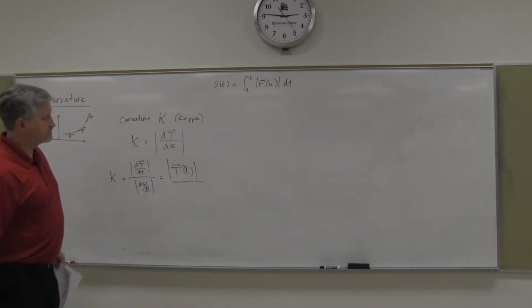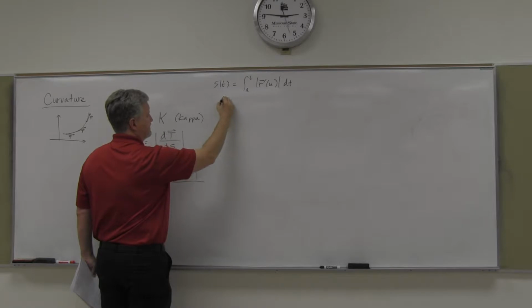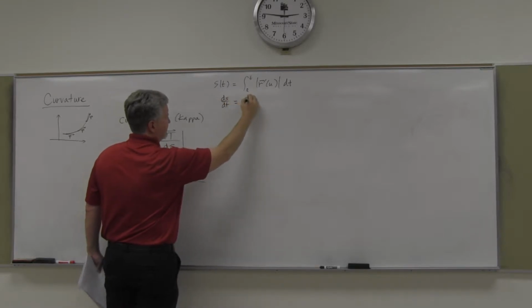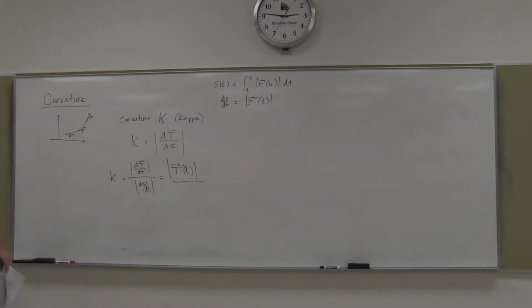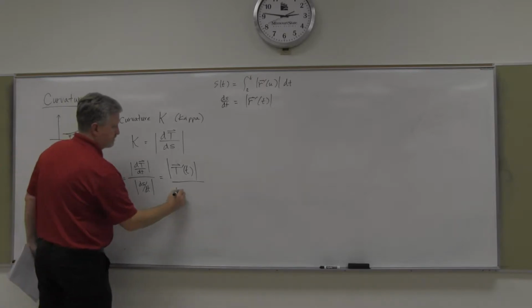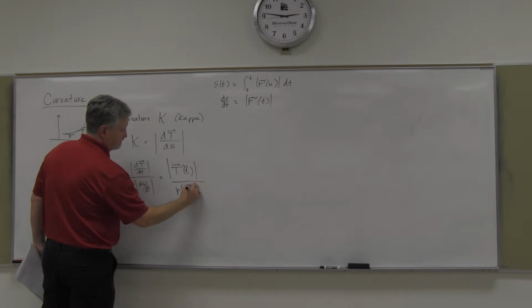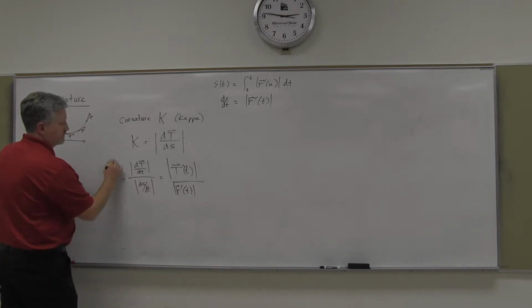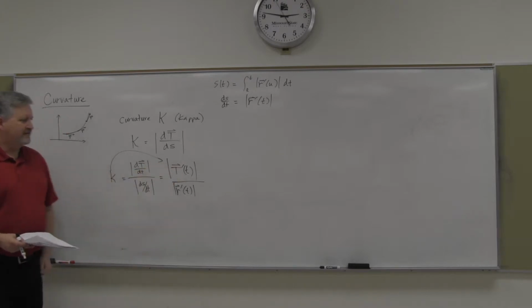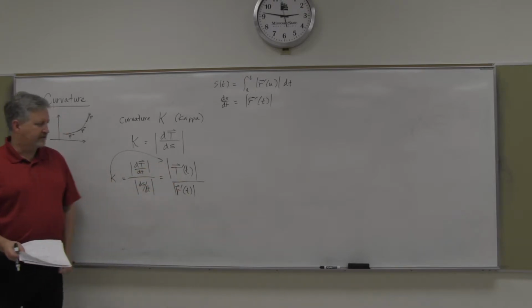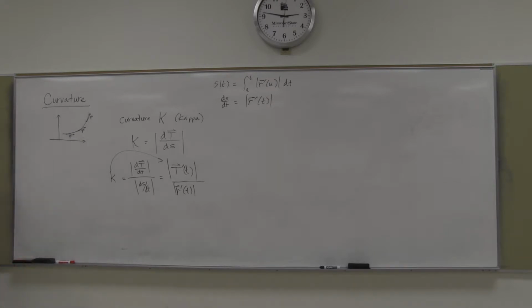If we take the derivative of this with respect to t, by the fundamental theorem of calculus, it turns out this is just the magnitude of that r prime derivative vector. That's probably the easier way to calculate kappa: the magnitude of the tangent vector derivative divided by the magnitude of r prime, the derivative of the r vector. Easiest way to find kappa.